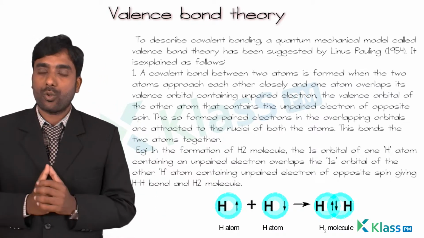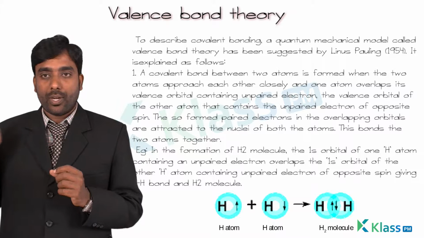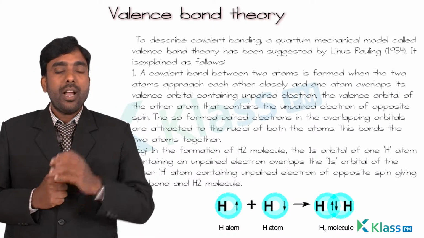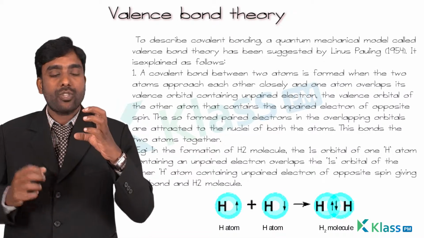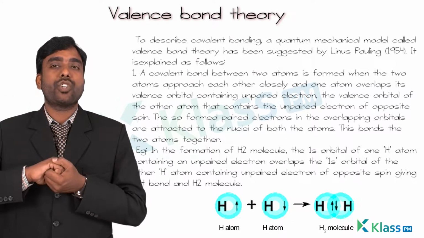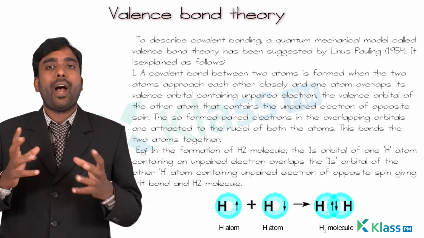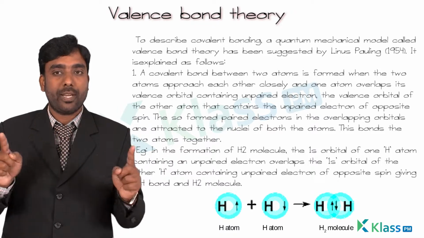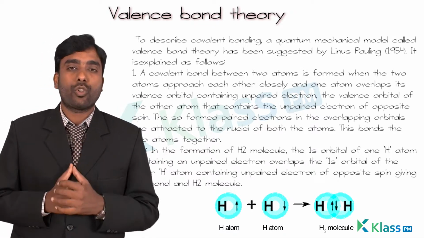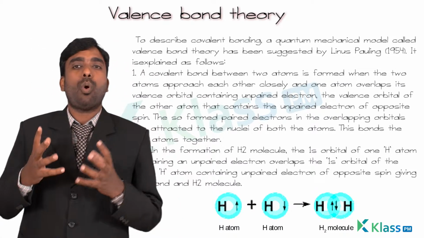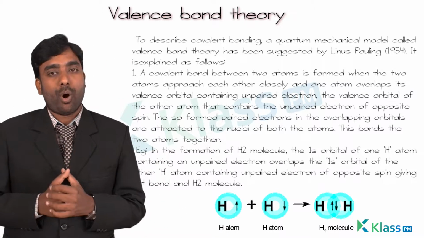Same way, another hydrogen also has 1s1. When these two hydrogens approach each other, the 1s orbital of one hydrogen and the 1s orbital of the other hydrogen overlap, so that both hydrogens share this pair of electrons between them and the hydrogen molecule is formed. This is the way valency bond theory explains covalent bond formation.